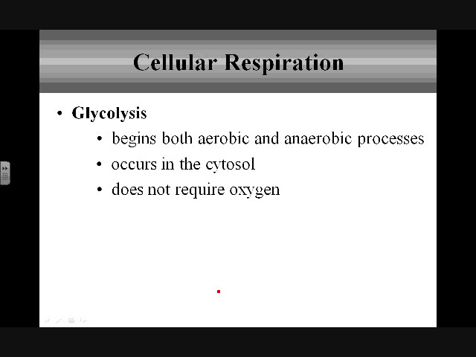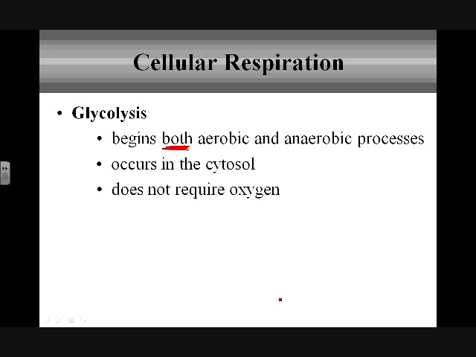So the first step that we're really going to focus on, or the first process of cellular respiration, is called glycolysis. Glycolysis is actually going to be the start of both aerobic and anaerobic, so it's important to recognize the fact that glycolysis is the first step that occurs in either one of these pathways.